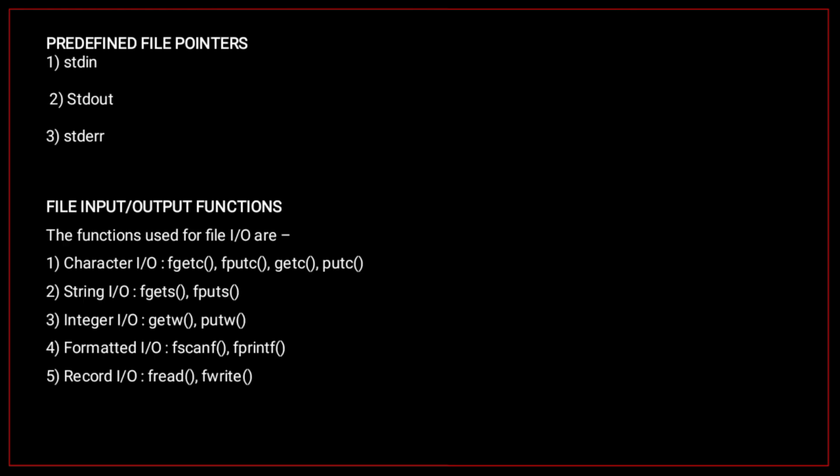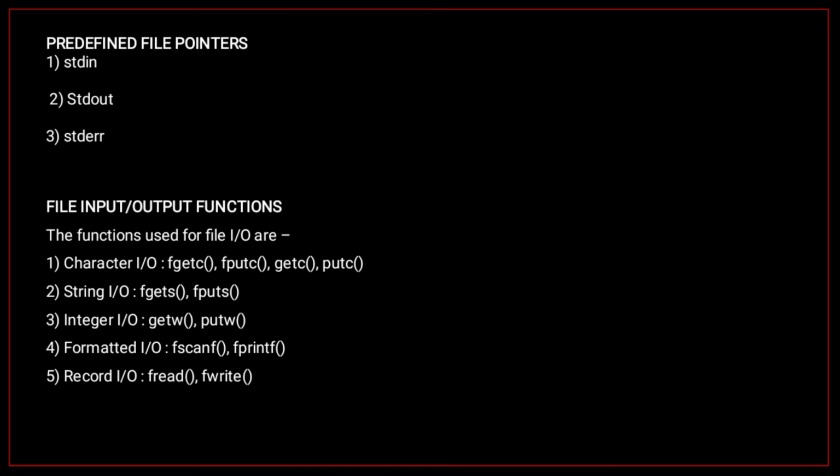Now next is predefined file pointers. Predefined file pointers are opened automatically when the program is executed. There are three predefined file pointers. First, stdin. This predefined file pointer is used for the standard input device, for example keyboard.